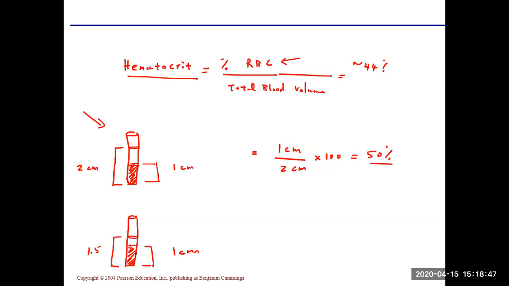Take a look at it. No longer do they have 45% or 50% in our case, they have more. If the whole thing is 100%, you'd have to put it in the calculator to figure it out, but it looks like it's way above 50%.